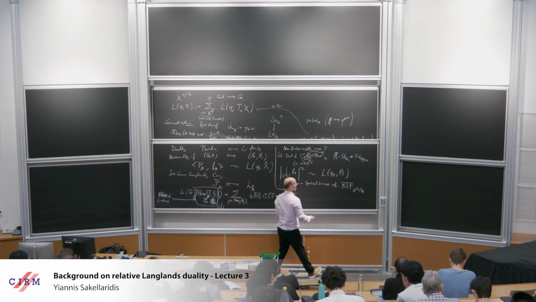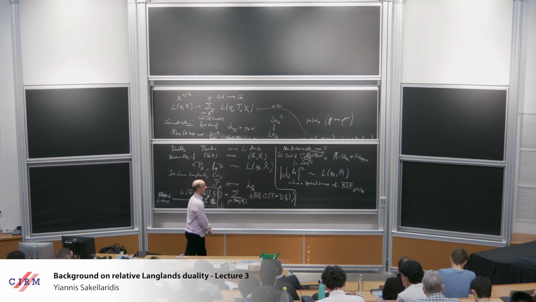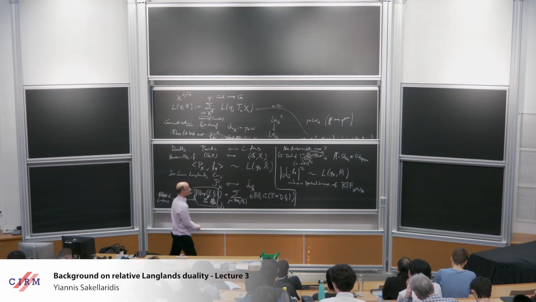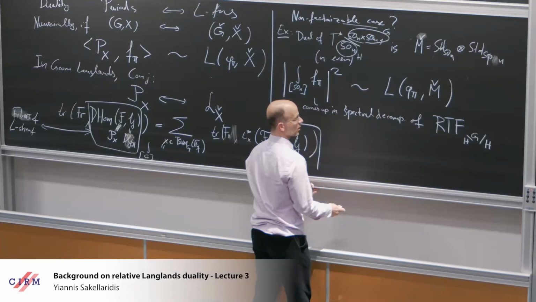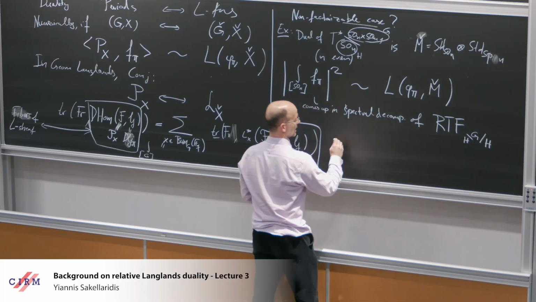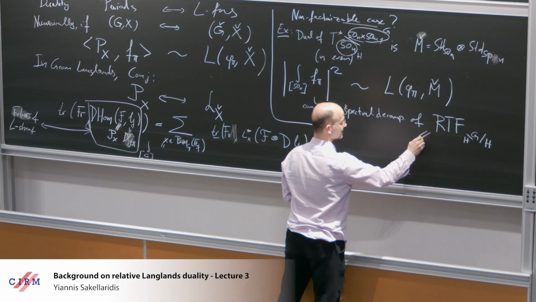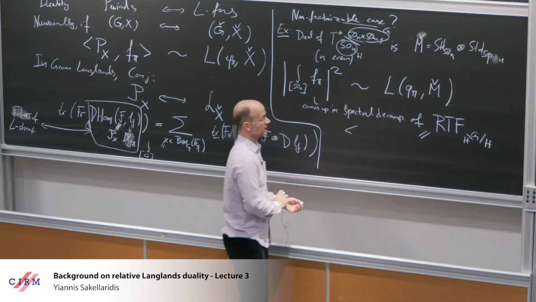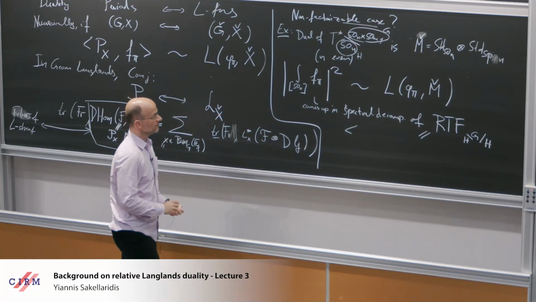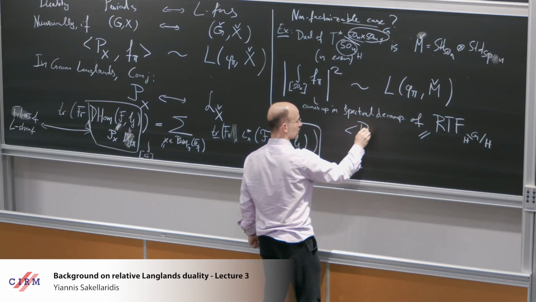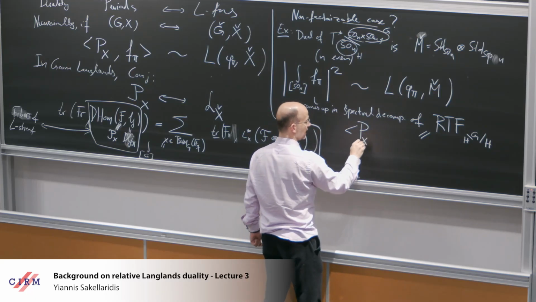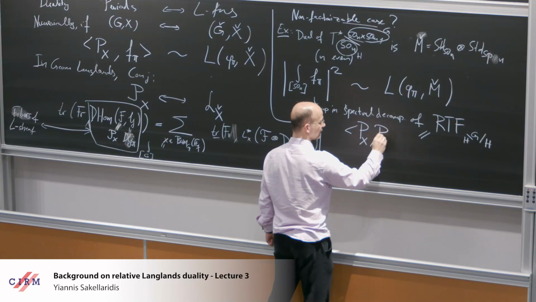So there's a relative trace formula associated to this quotient, which basically computes the inner product. So this RTF is basically the inner product of two theta series. And the theta series can vary, but if you want to do everything in the unramified setting, you would be computing the inner product of the period function with itself.